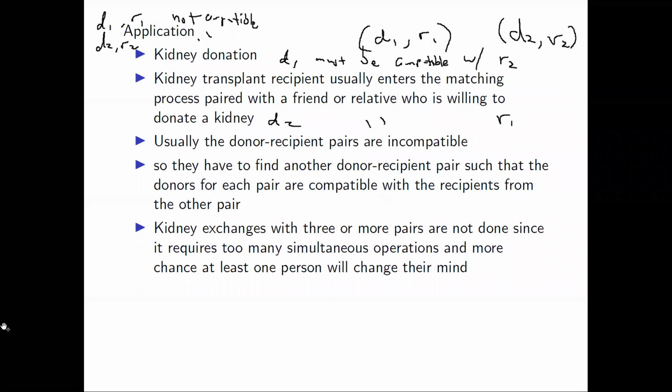Oh yeah, before I mention the next part. So one thing that you might wonder is if we can't find a pair that's compatible with this pair, can we just do like 3 pairs?